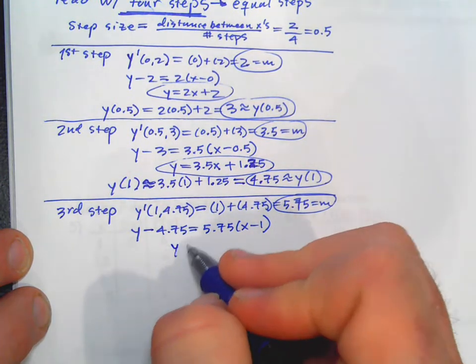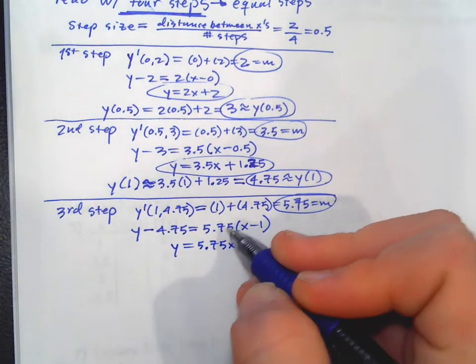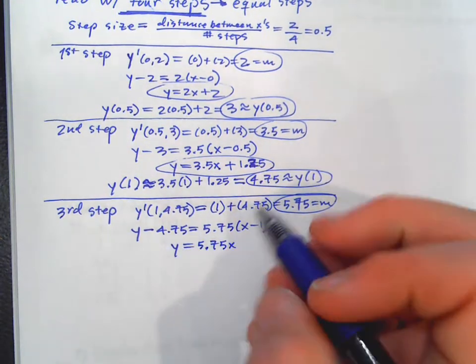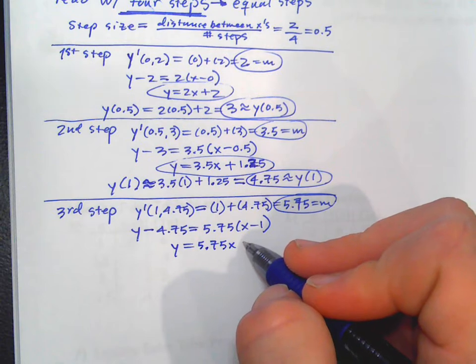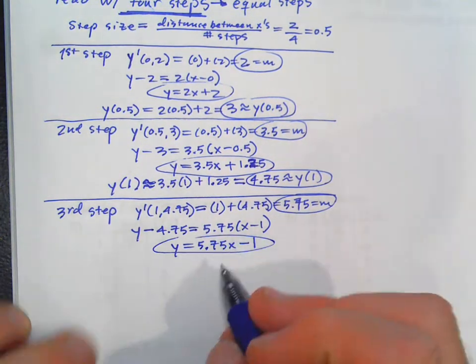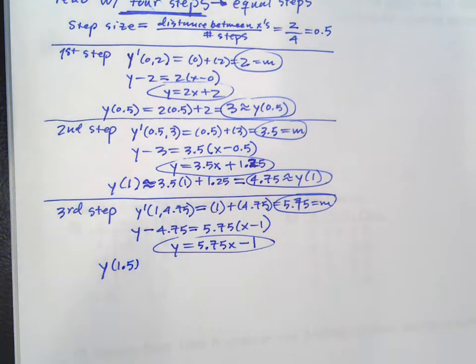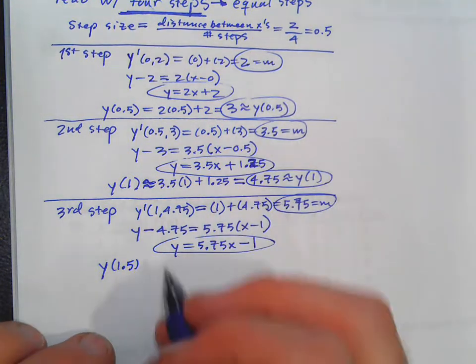And we're going to get y equals 5.75x minus 5.75 plus 4.75 would be minus 1. So that's our tangent line. And then we're going to estimate the next point, 0.5 further. We're working our way towards 2, right? In 4 equal steps of 0.5 each.